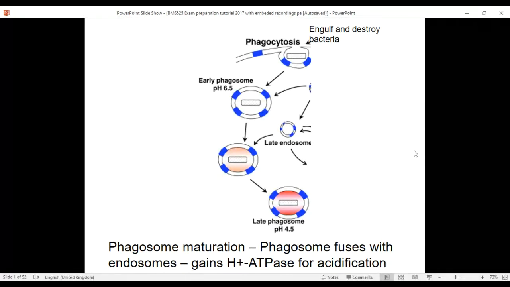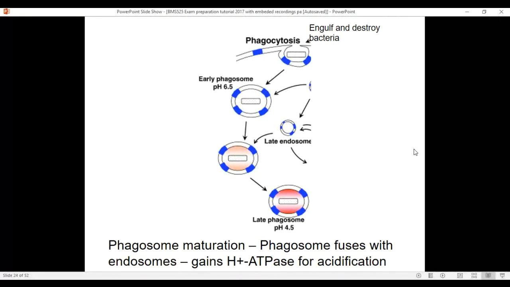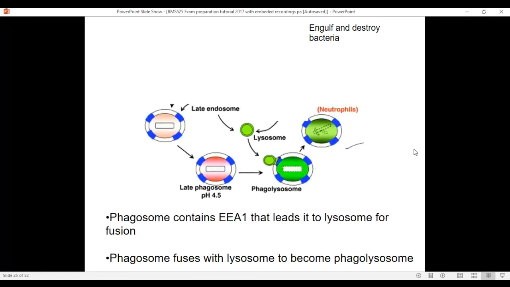And the way it acidifies it is the endosome will provide proton pumps to allow for acidification of the phagosome. As you can see here, the late phagosome will be a pH of 4.5.